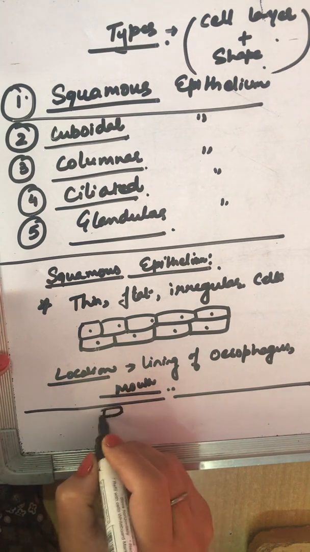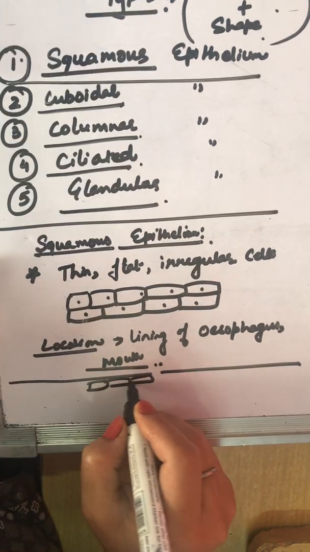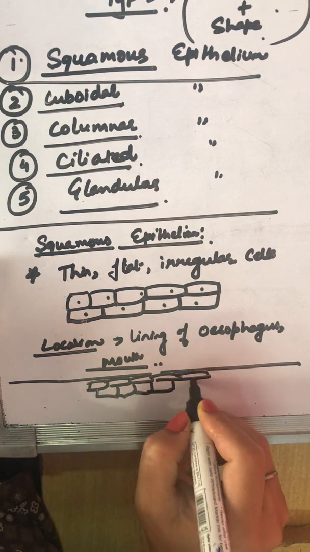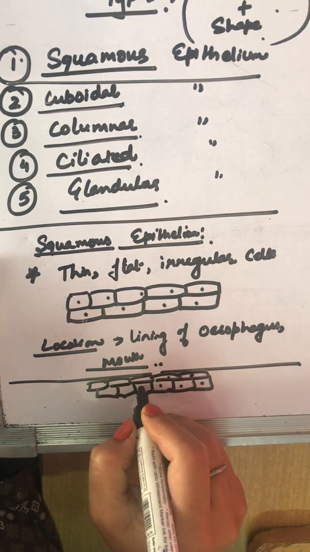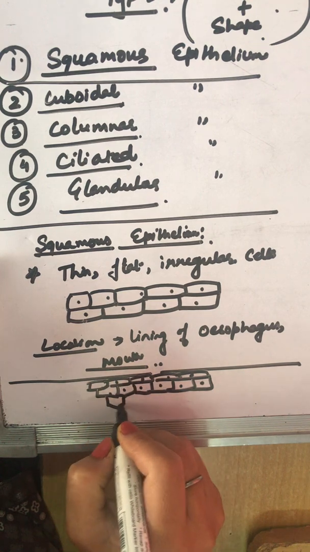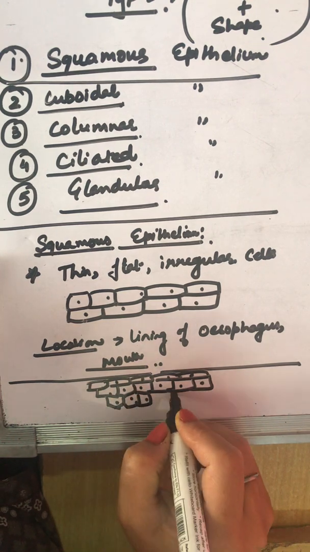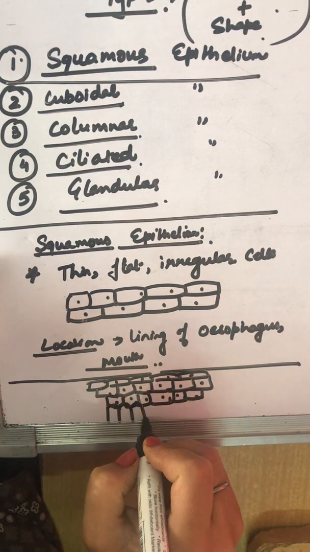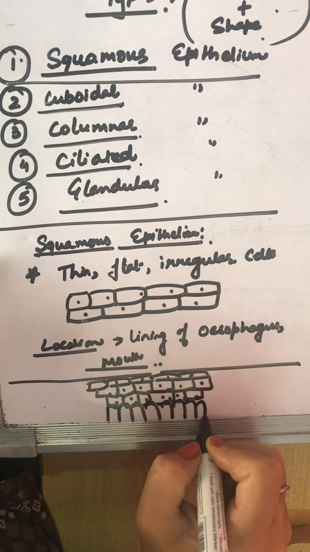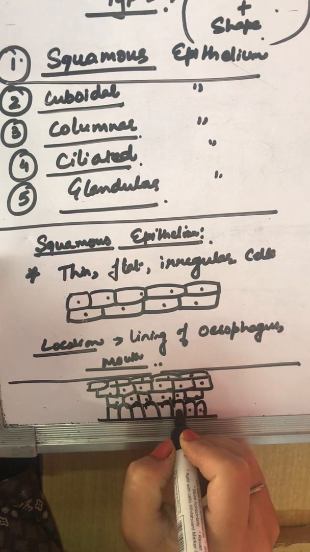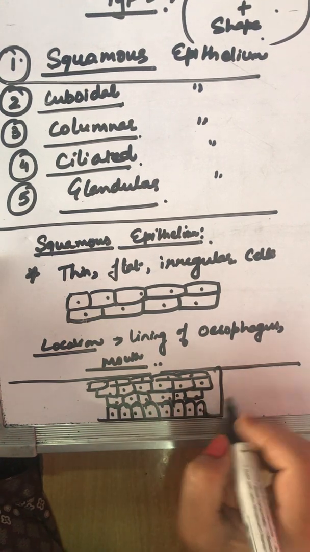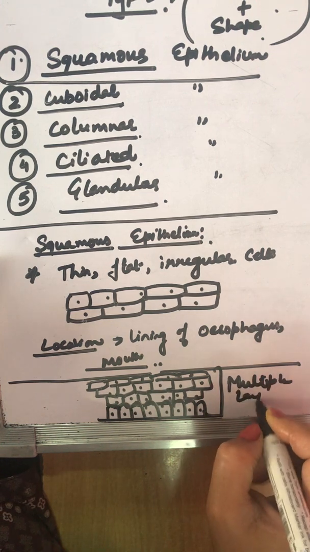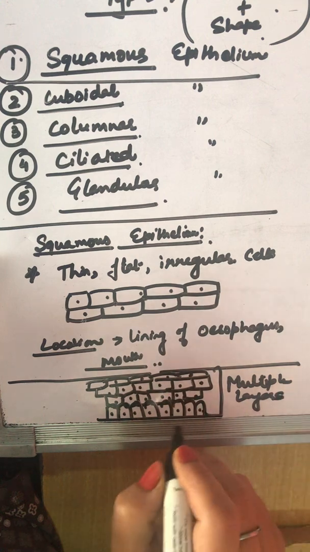All the cells are arranged in multiple layers, and then this is the basement membrane. These are multiple layers. And where does it happen? In the skin area.